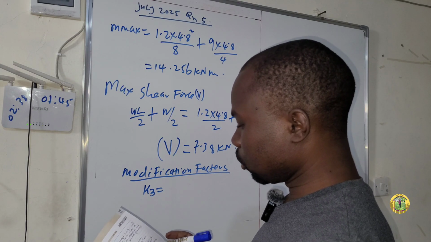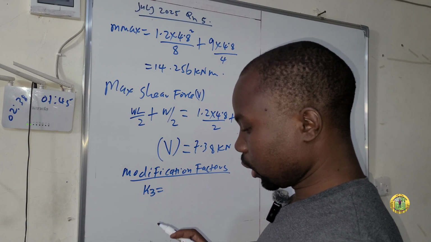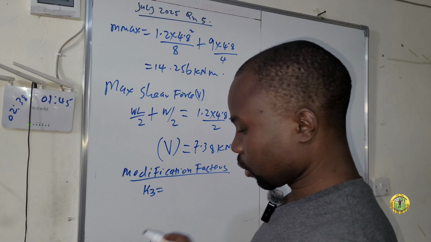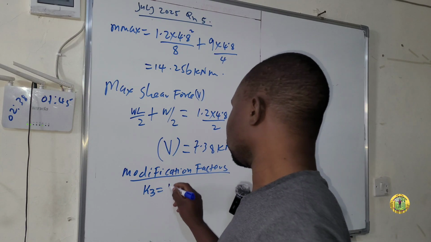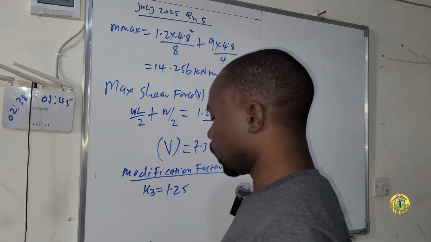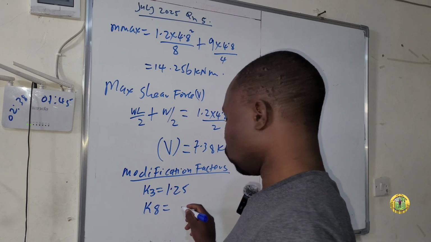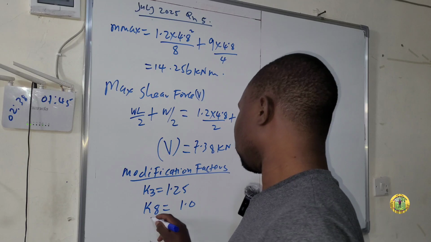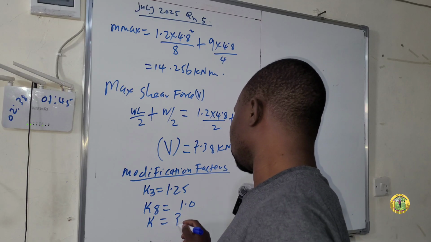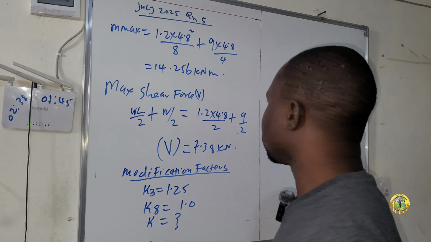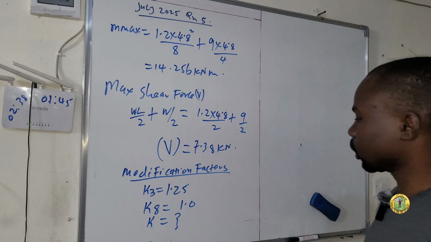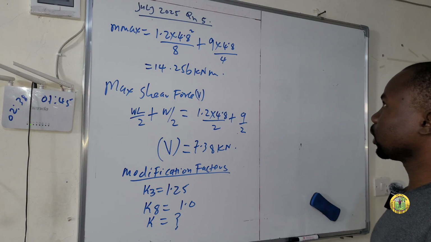So for the medium term duration, K3 is equal to 1.25. And then K8, we have been given K8 as 1.0. K7, we don't know because we don't know the section size of this timber.